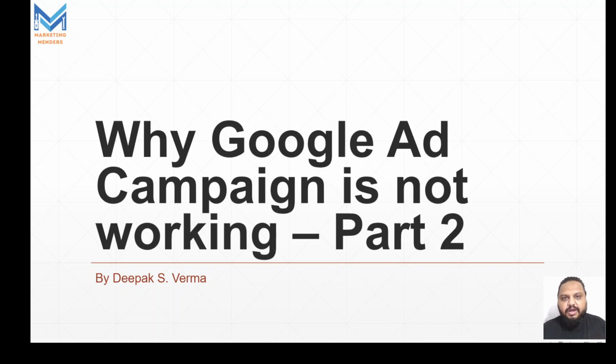In part 1, which is the previous video, we discussed the possibilities of campaign status. There are various campaign statuses available on Google Ads, and each of those statuses will tell you a different story about your campaign problem. And we have discussed in detail how to troubleshoot each of those problematic campaign statuses and how you can start getting your result.